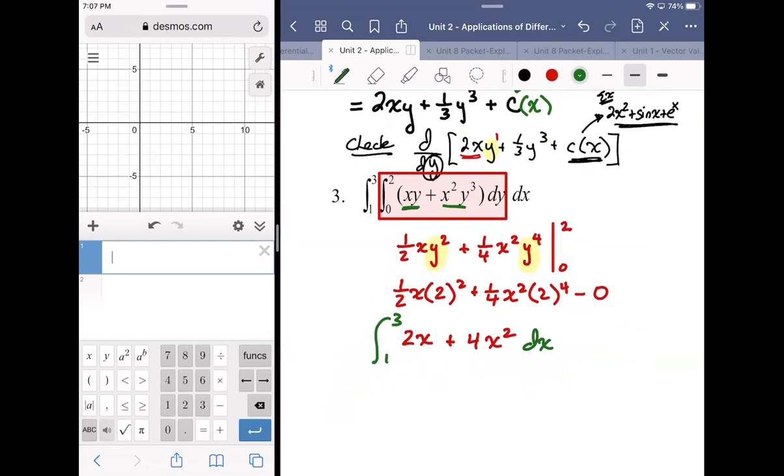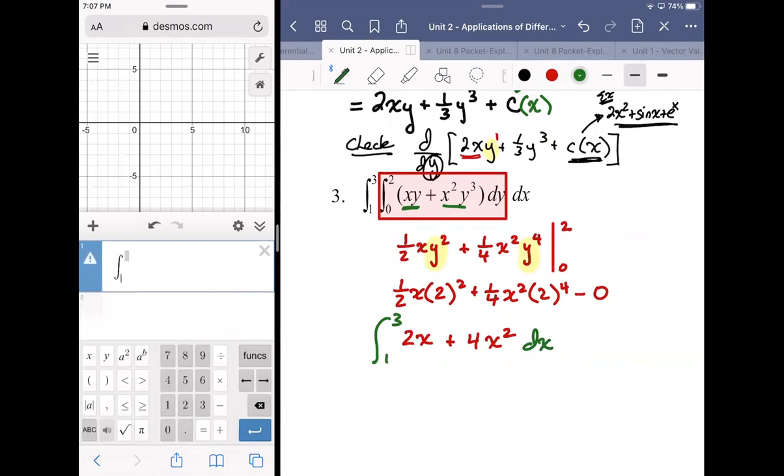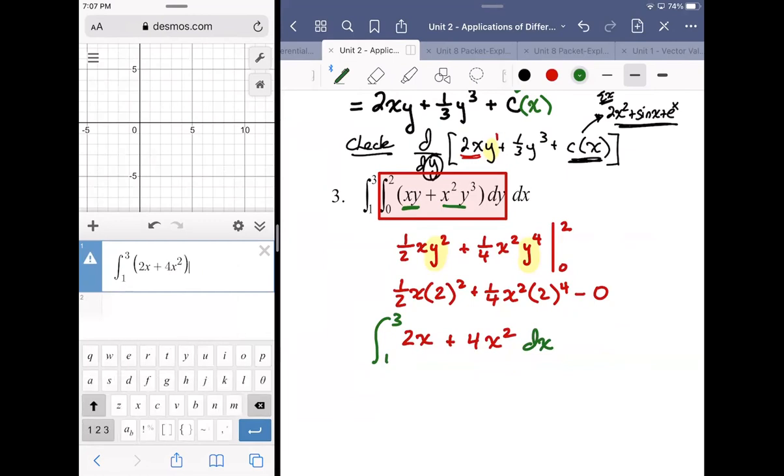Now this part, because we're down to a single variable expression, feel free to put it right into decimals. All right, so you go to functions, miscellaneous, select the one that looks like an integral, over the interval of 1 to 3, parentheses for your integrand, 2x plus 4x squared, close it up to encapsulate the integrand, and then slap on a dx.